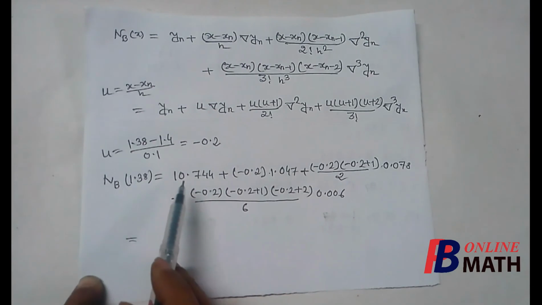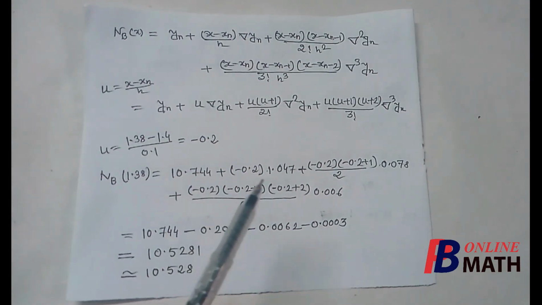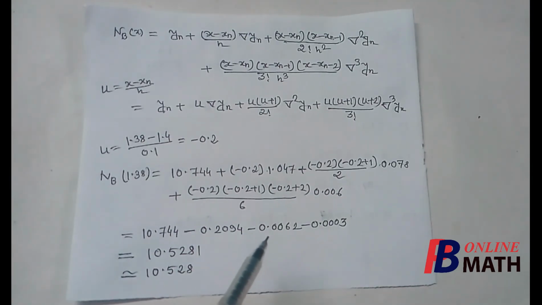Now we have to compute the values of these separate terms. Using the calculator we have found that the value of the second term is minus 0.2094, the value of the third term is minus 0.0062, and finally the value of the last term is minus 0.0003. Simplifying, this is equal to 10.5281.